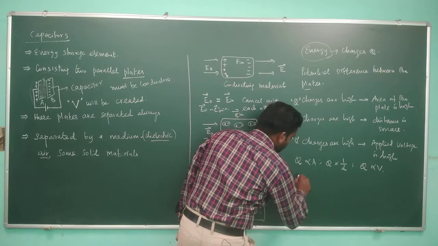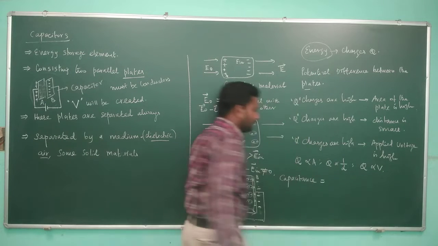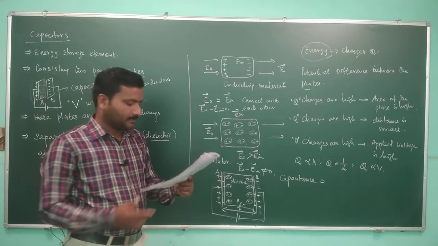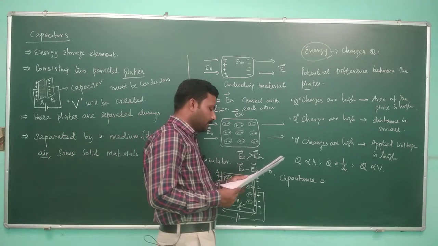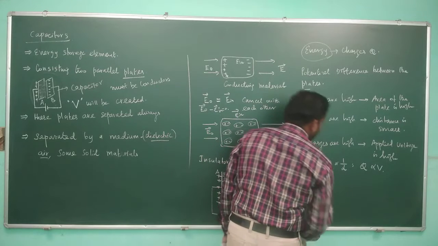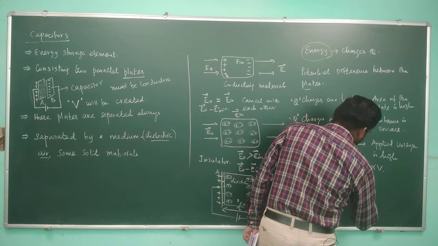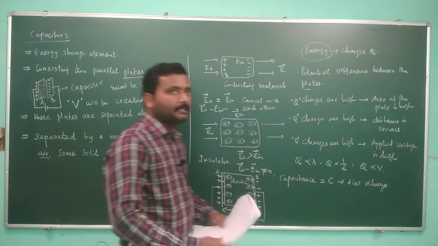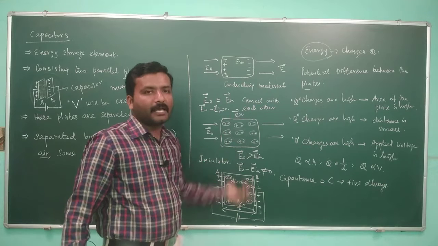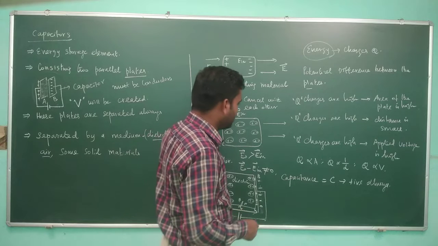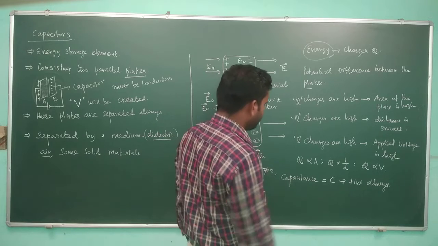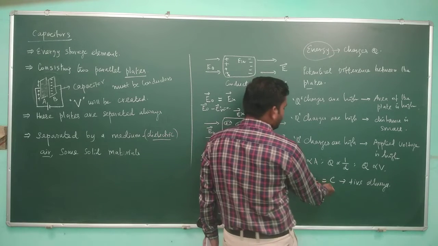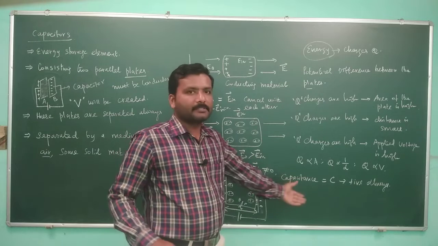A capacitor can store energy that can be expressed in terms of capacitance, which is denoted by the letter C. It is positive always, which means it can either store energy or it doesn't have any energy, right? So capacitance is denoted by the letter C, and it is always positive.